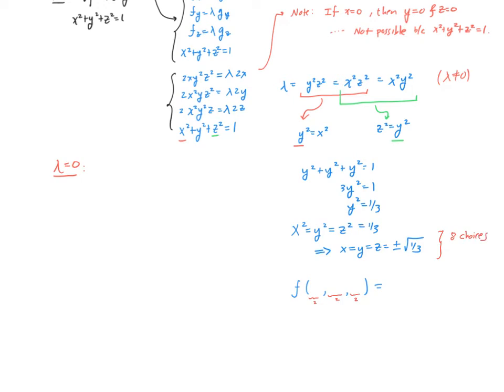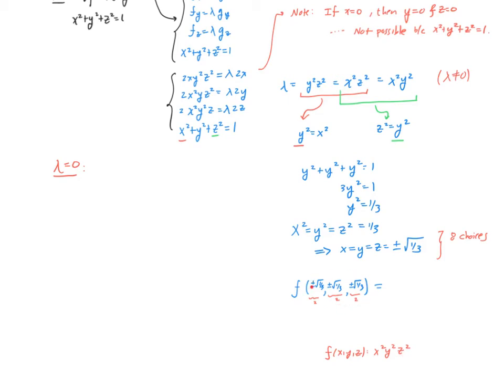And those 8 choices are essentially the same, plus or minus square root 1/3, plus or minus the square root 1/3, plus or minus the square root of 1/3. And remember how our function f was defined. And since I'm low enough on the page, I'm just going to write it below. F is the function x squared, y squared, z squared. So it does not matter which of the plus minuses you're getting.